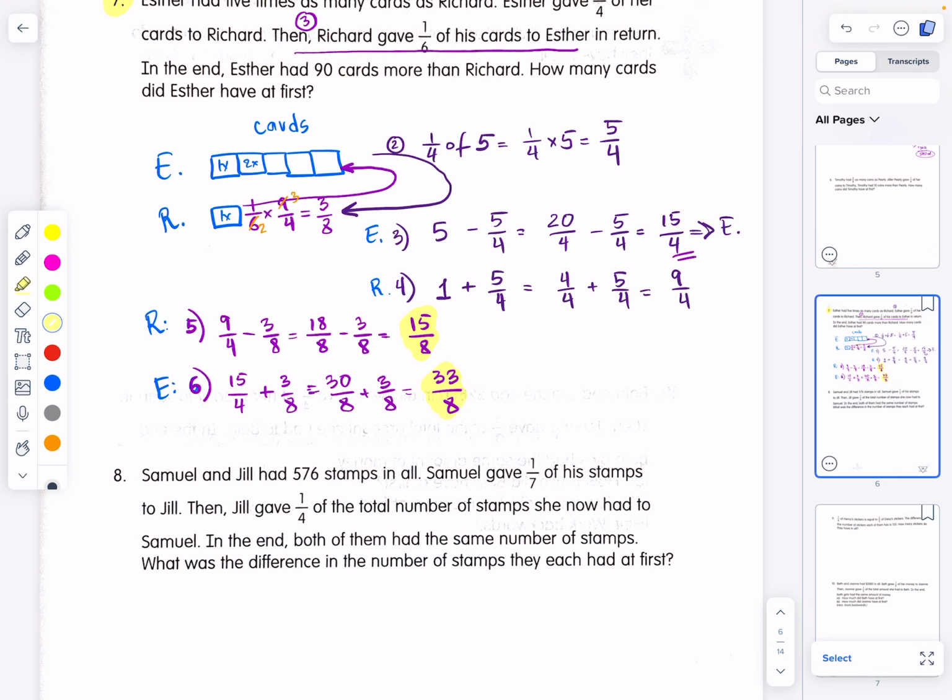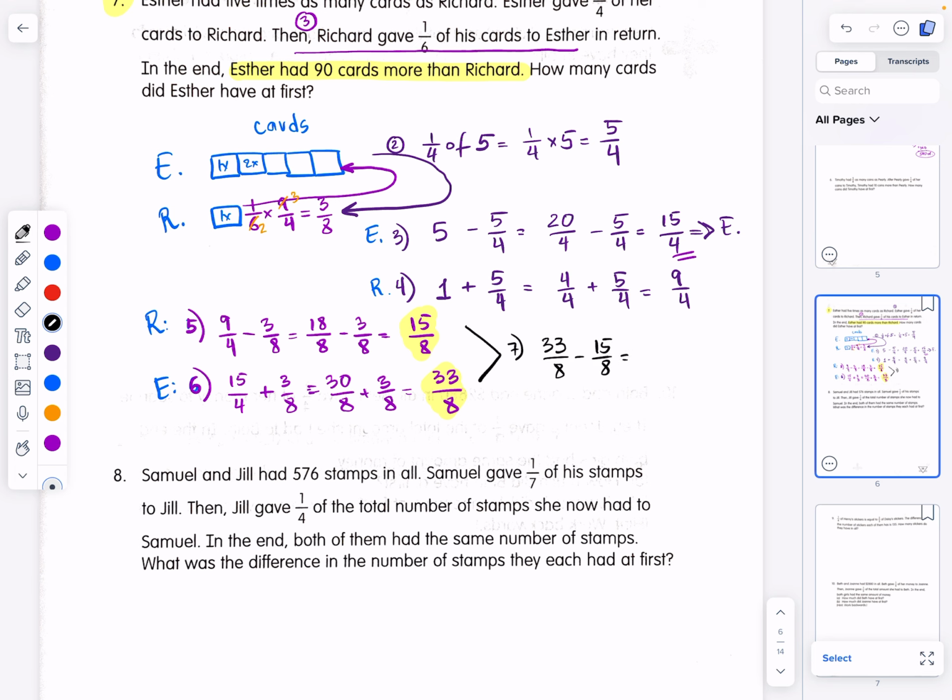Next piece of the problem. In the end, Esther has 90 cards more than Richard. Well, we do see that Esther has more than Richard. Let's find the difference between their cards. Very tricky problem, my friends, very tricky. So, step 7. We can say Esther has more, 33/8 minus 15/8.